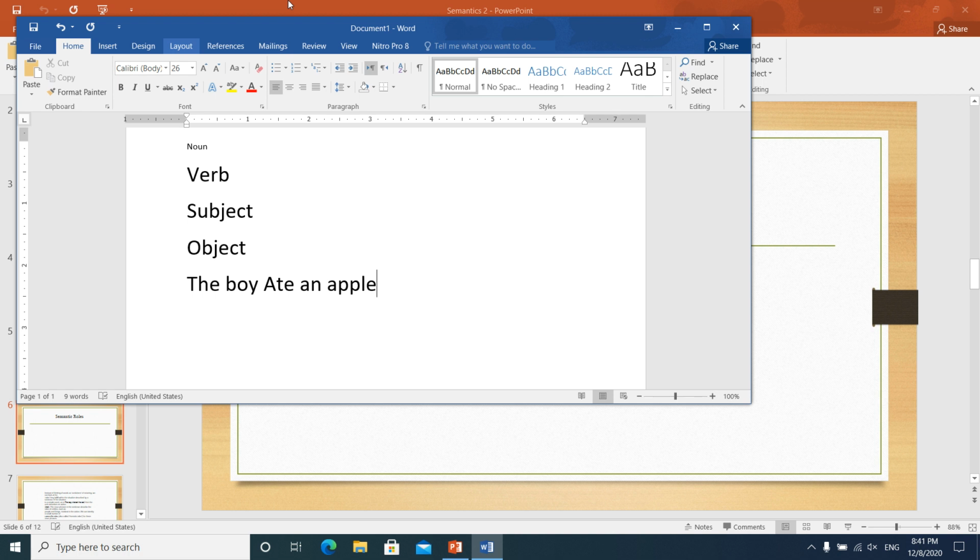But in semantics, things are different. We are talking about the roles of the items of the sentence. So in this case, in semantics, boy is a doer of an action. And since it is human, we call it agent. While ate, yes, it is a verb, but it is a verb that shows an action, right?